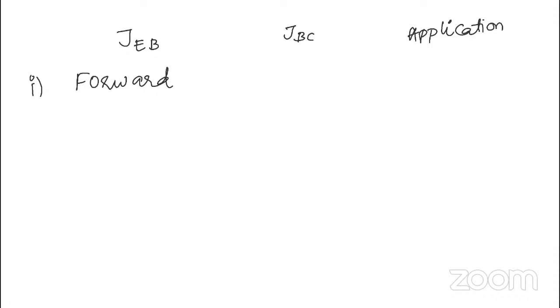Okay, so here for the first one we have to take it as forward for EB. So J represents the junction. And here if it is in reverse bias condition அப்படினா we will be getting the application that is the active amplifier. Okay, active amplifier இருக்கும்.